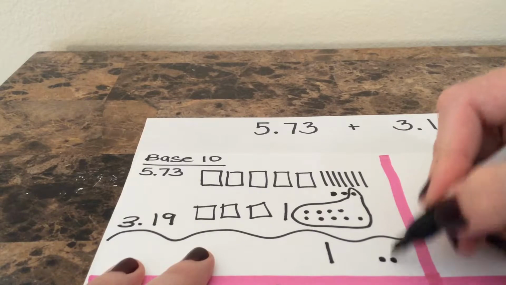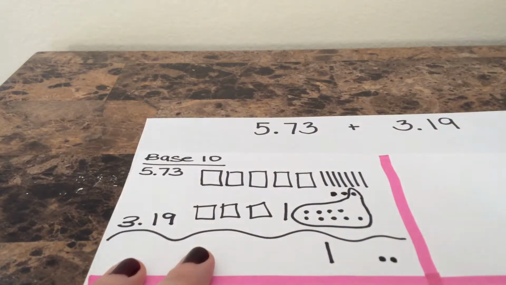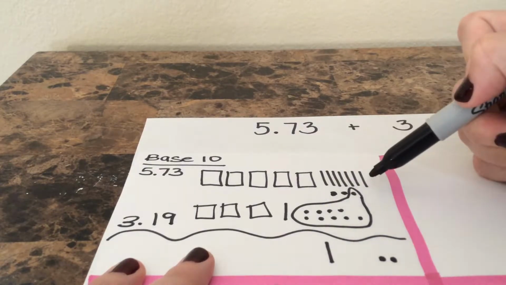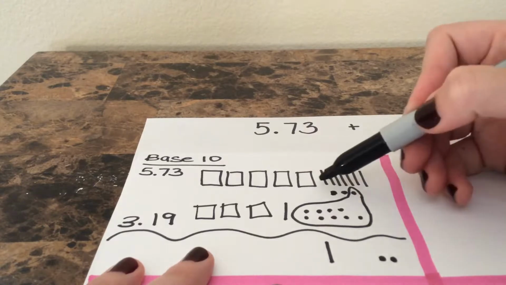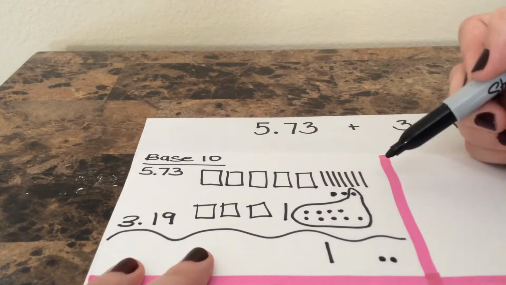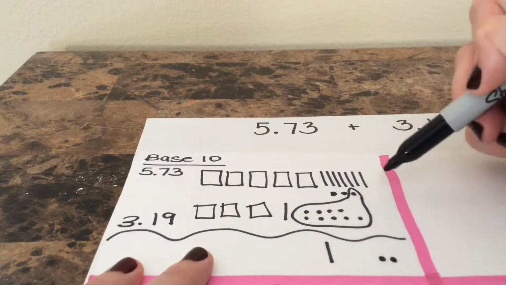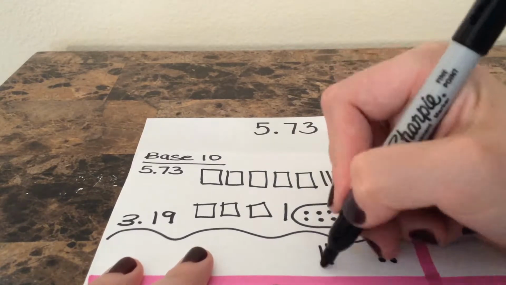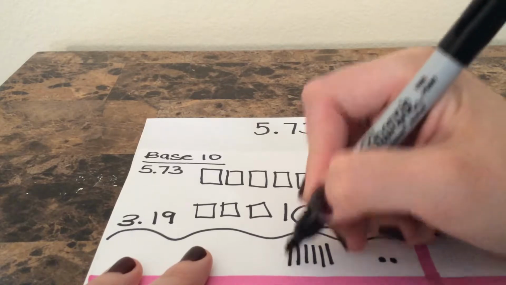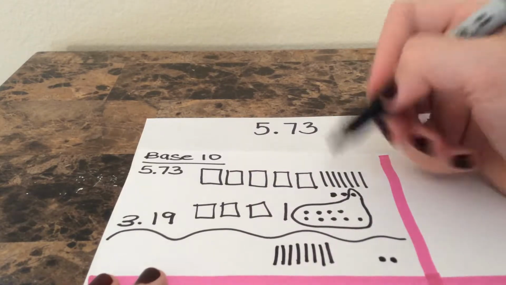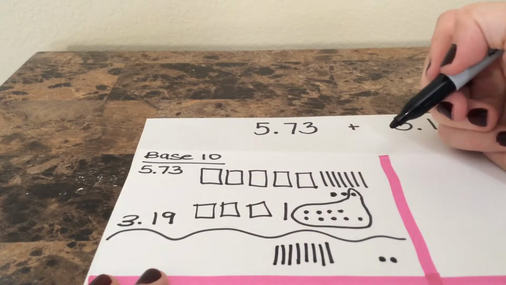Those can't equate to anything, so we're just going to put them down here. Now I have all of these tenths rods. The next question would be, do I have enough to create a unit cube here, which would be 10 of them? But unfortunately I don't. I have 1 down here and 7 more, which only gives me 8. All right, so I have a total of 8, so I'm finished with those.